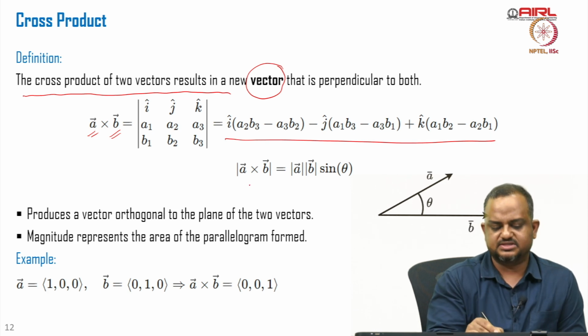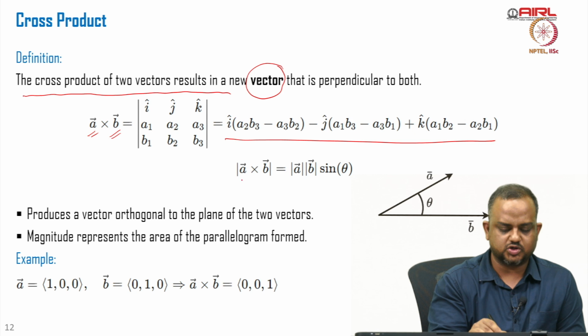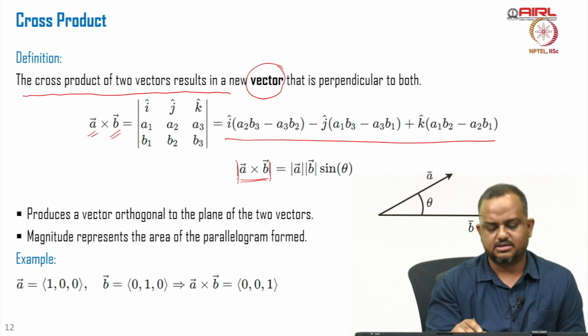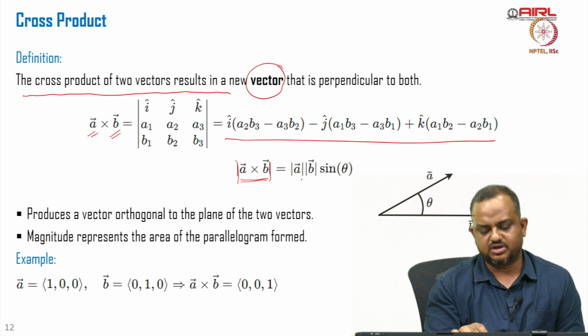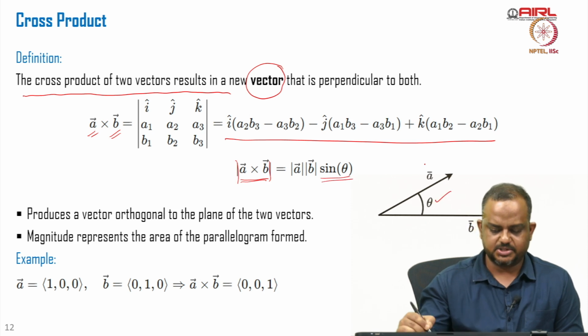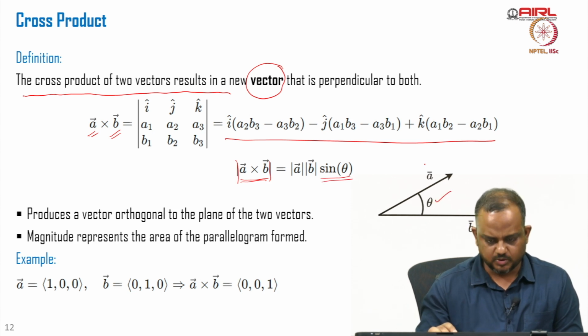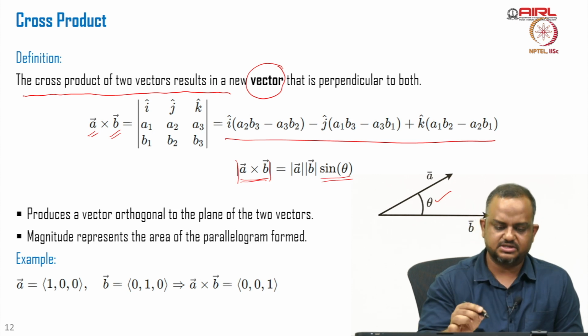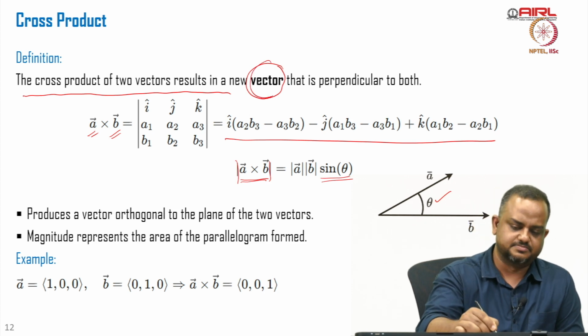Also, geometrically we can say that the magnitude of the cross product A cross B is the product of the magnitude of A, the magnitude of B and the sine of the angle theta, where theta is the angle between these two vectors A and B. One important concept which we should notice here is that a cross product is a vector.